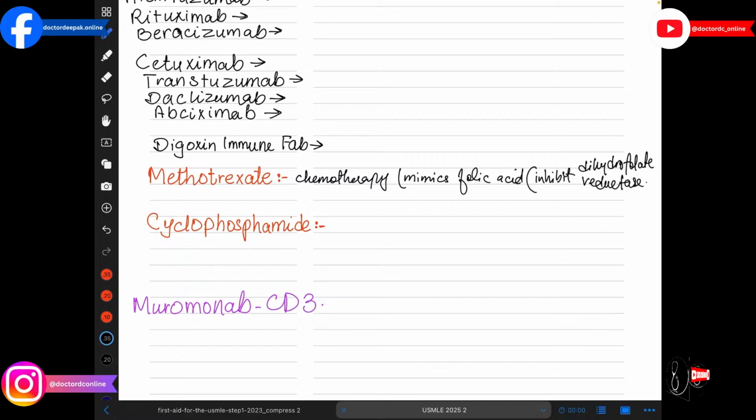Due to this there will be decreased formation of folic acid, and the main side effect of methotrexate is myelosuppression, but it can be reversible with leucovorin.